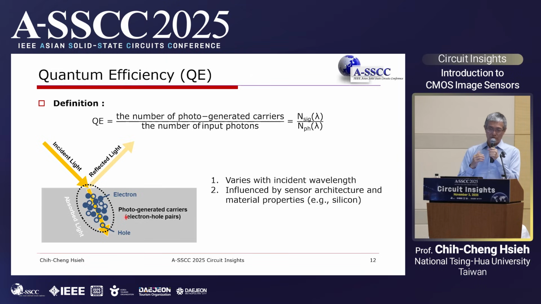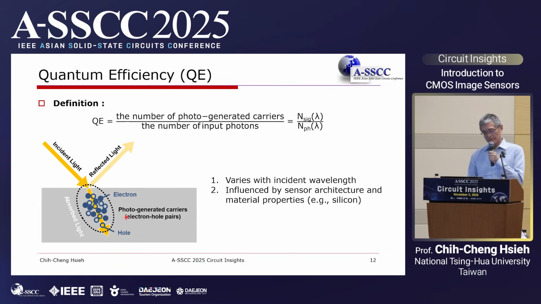After the photoelectric effect, the information has been converted to the electrical domain, and after that, we can deal with it with our circuit. So the first thing and the most important thing in a sensor is the photoelectric effect. And it depends on your sensor material, your sensor architecture, and many of the optical tricks.